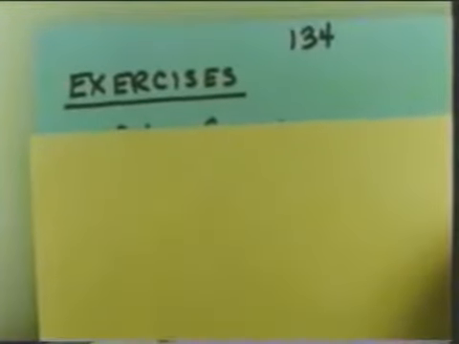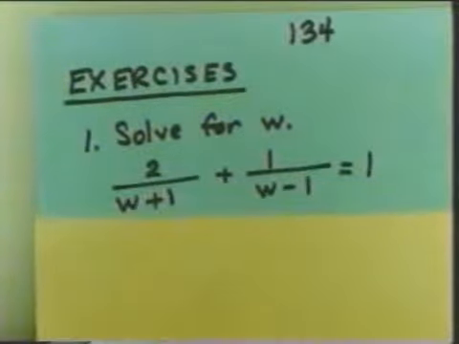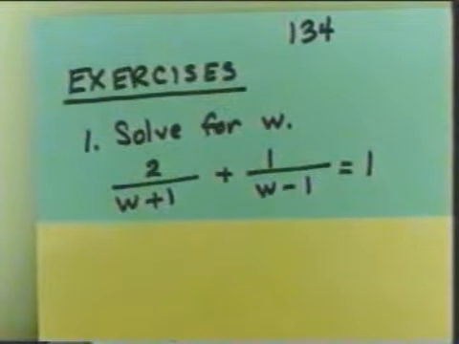Now let me give you some exercises. Copy these on your paper, work them out after you've stopped the tape, and then restart the tape to check your answers. First exercise, solve for w. The equation is 2 over w plus 1 add 1 over w minus 1 equals 1.